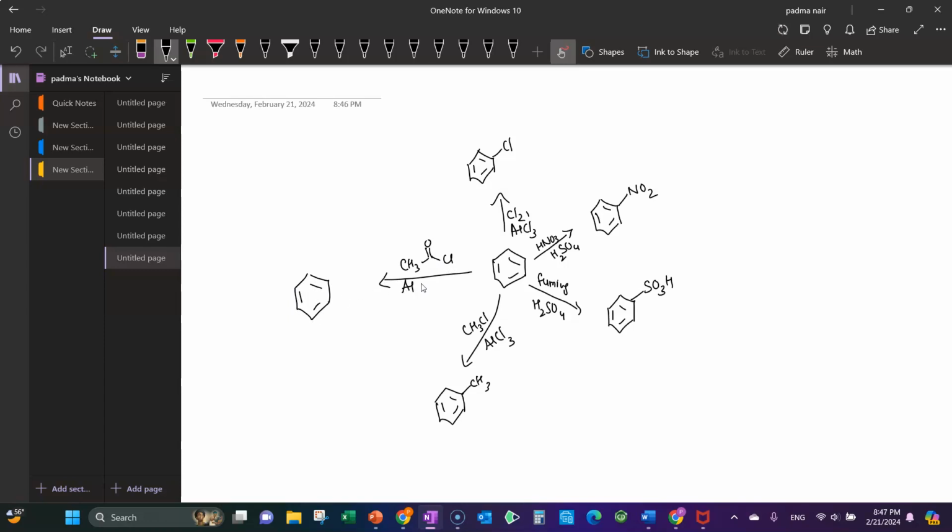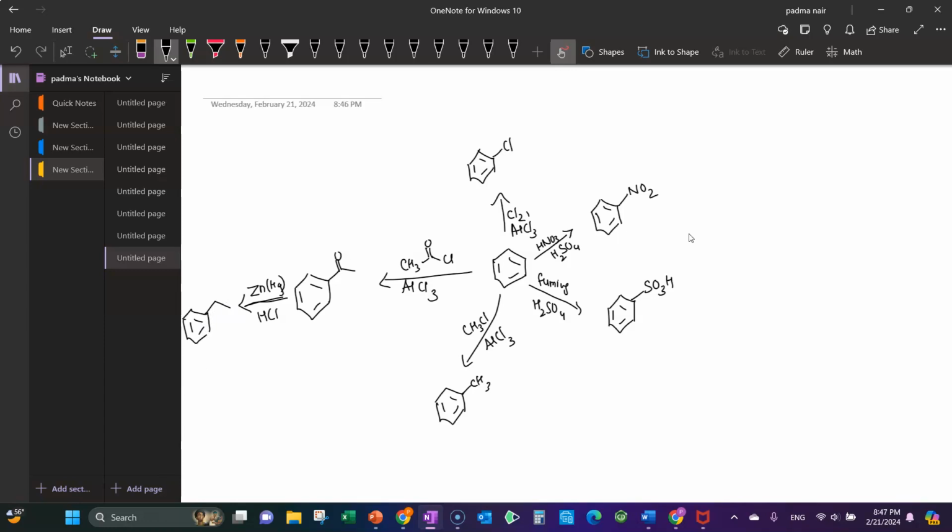Again, don't forget the Lewis acid, AlCl3. So you can install the acyl group on benzene. And then one further reaction which we looked at was that if you use zinc in presence of mercury in HCl, you can reduce this carbonyl and change it into an alkane, or an alkyl group.